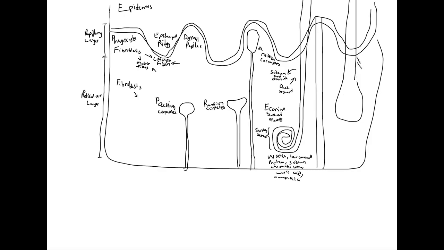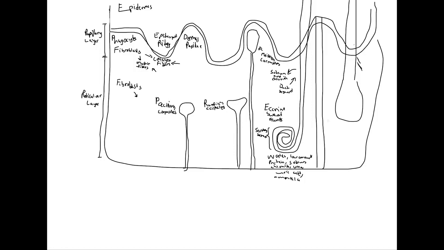By the way, this hair is much bigger in real life relative to these dermal papillae and epidermal ridges. I'm just drawing it small because I don't have much space. But there are going to be apocrine sweat glands, and they're going to lead off into the hair area.